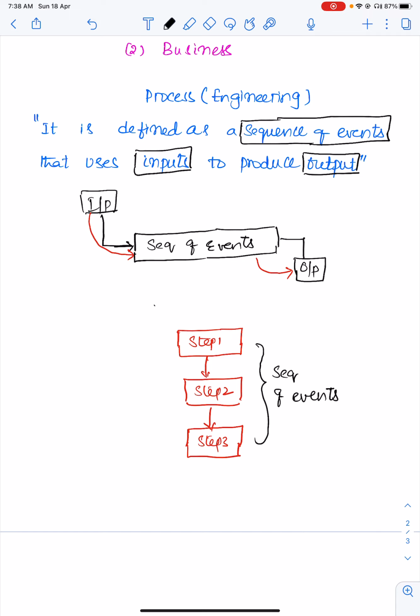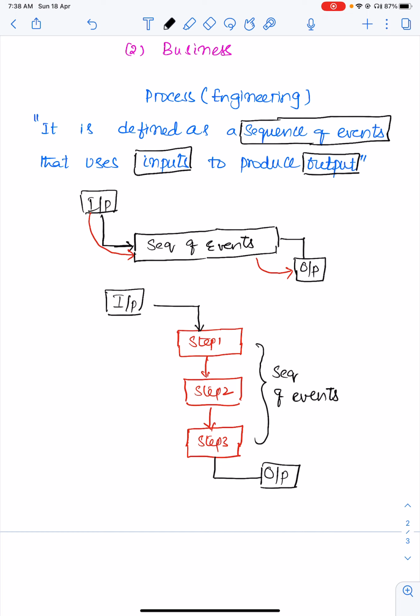Now, to this sequence of events, if we give an input, it produces an output. So this is the standard definition of process from engineering perspective. It is defined as a sequence of events that uses inputs to produce an output.